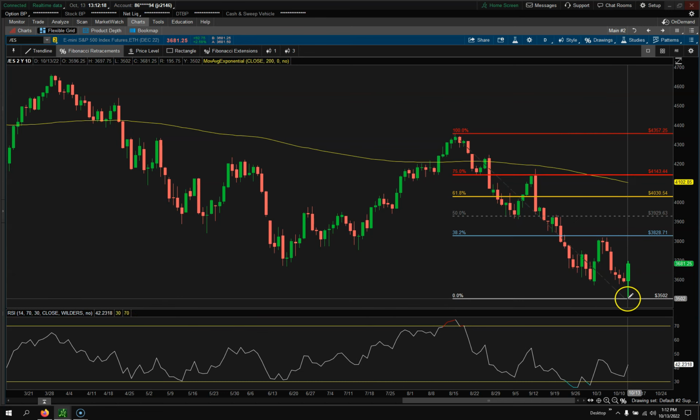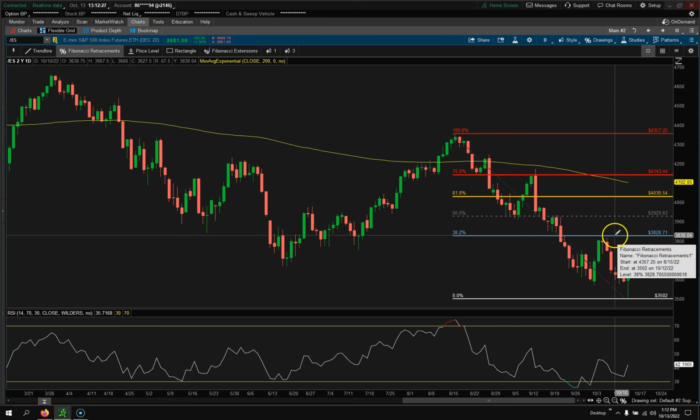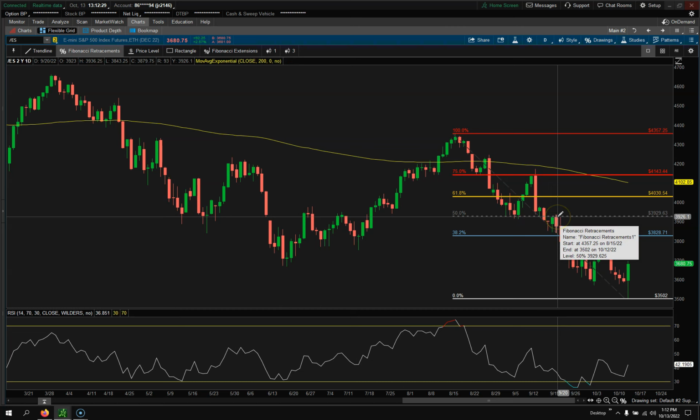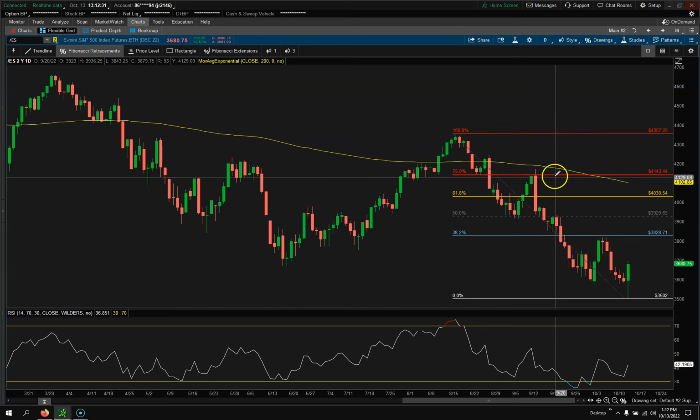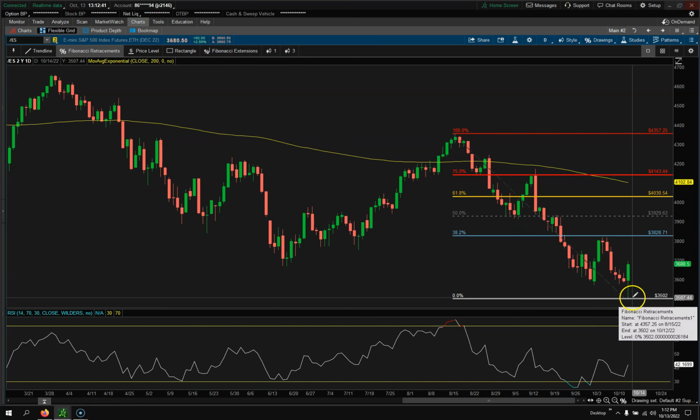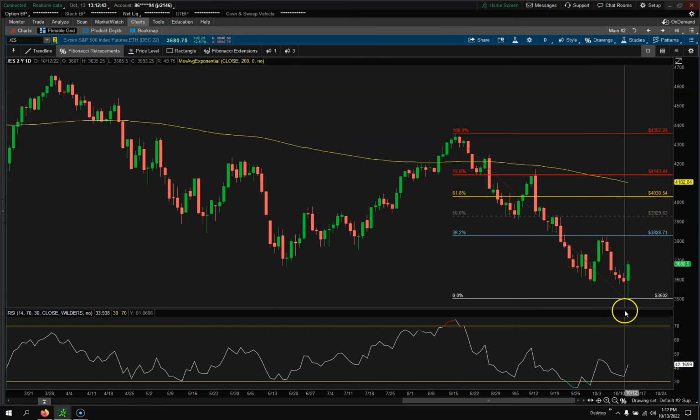Isn't it amazing how, from that high to that low, the swing high is exactly at 38. This swing high right here is exactly at 50. This one's at 75, and so on. Things work too well. It's almost like somebody knew beforehand exactly where to stop the market.